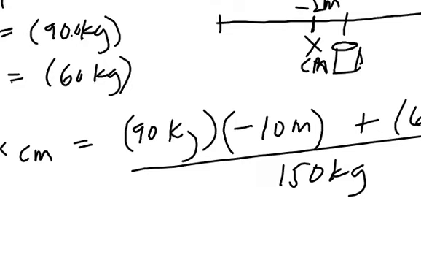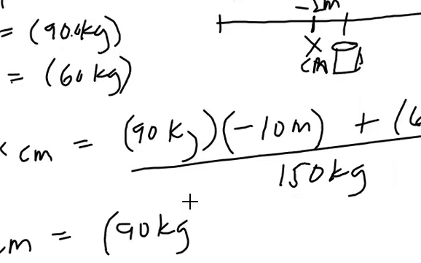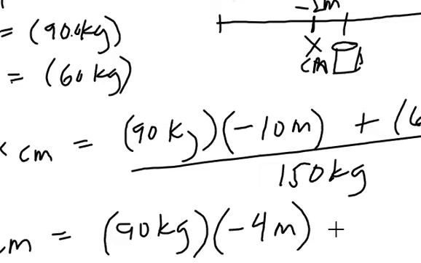So we've got to figure out, they're pulling each other forward and they're going to slide, and we assume the rope stays taut. So we have -2 equals 90 kg, and he is 6 meters towards the mug, so that's times -4 meters, plus 60 kg times x.